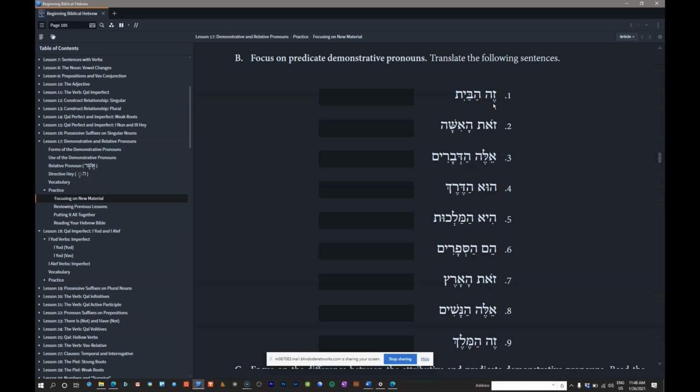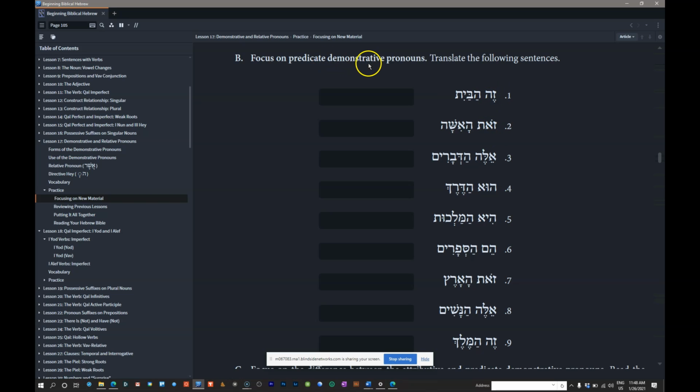Now, ultimately, you always have to ask, does the translation make sense in context, all right? But if we use that rule, we can come through here and see, again, we're told that these are all predicative relationships. So, does the demonstrative precede its noun in every single one?